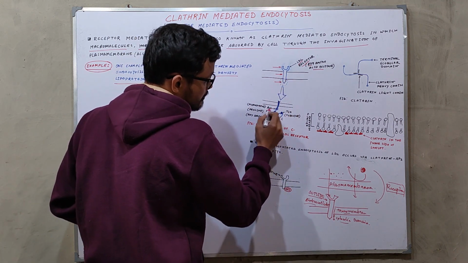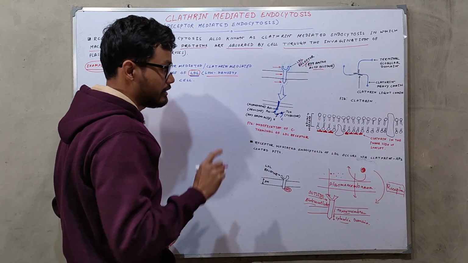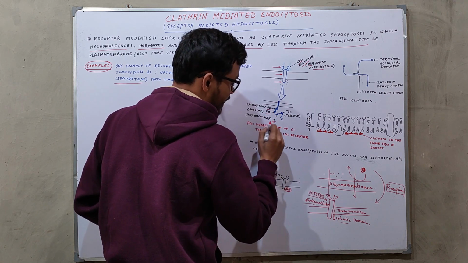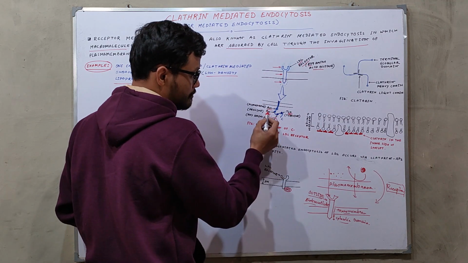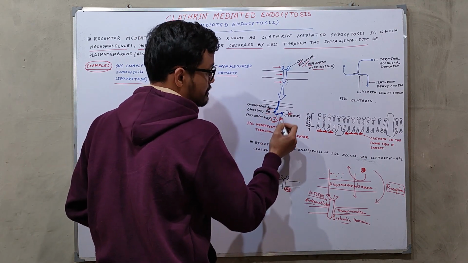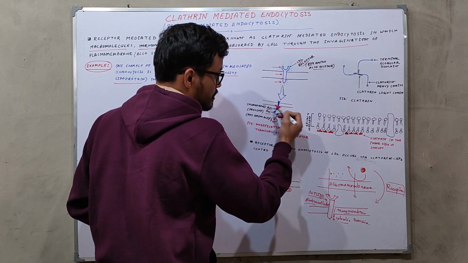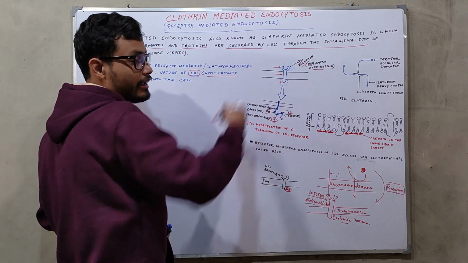In the cytosolic domain, there are 4 amino acids present, and those 4 amino acids are asparagine, proline, X, where X can be any amino acid, and tyrosine. These 4 amino acids play a crucial role in the uptake or activation of these LDL receptors.